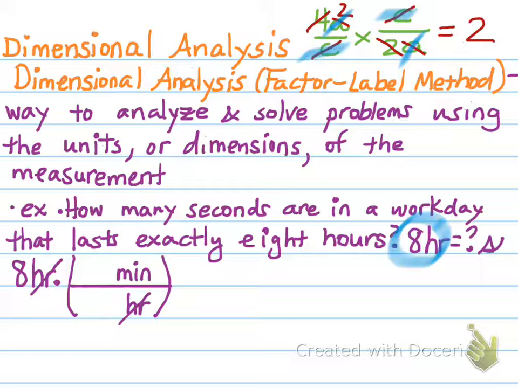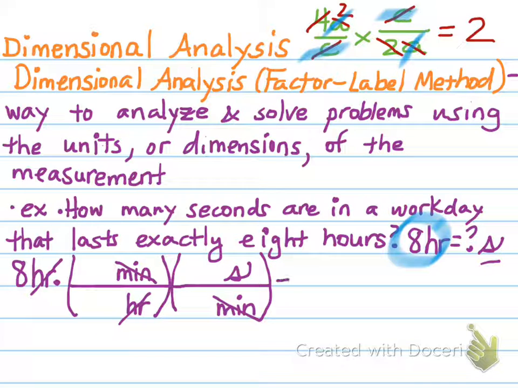And I like to go through all my units first and then come back and fill in numbers. You don't have to do it that way, but that's normally how I'm going to do problems, because it allows me to keep with my train of thought. So I have minutes, but I need seconds, and so I'm not done. Minutes are in the numerator, so to cross off, they have to go in the denominator. And what can I easily convert minutes to? I know something about minutes and seconds.